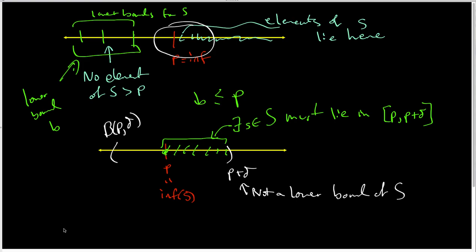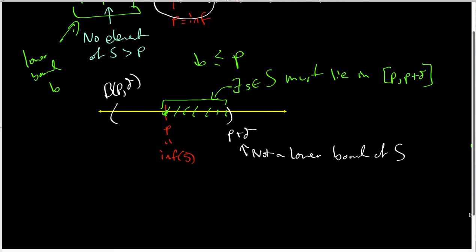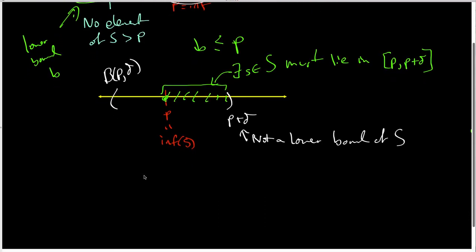And here again, if P is not inside S, what that tells me is that I'm going to have somebody inside this open interval between P and P plus delta. And if P is inside S, then P is going to be the minimum element of S. So let's look at those two cases as well.